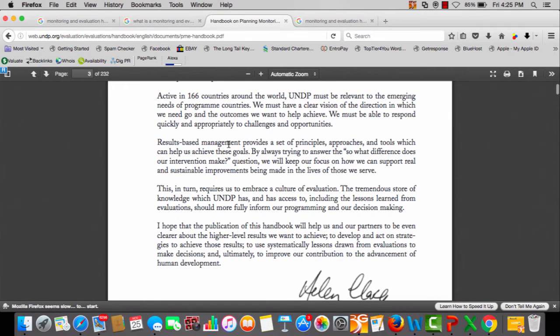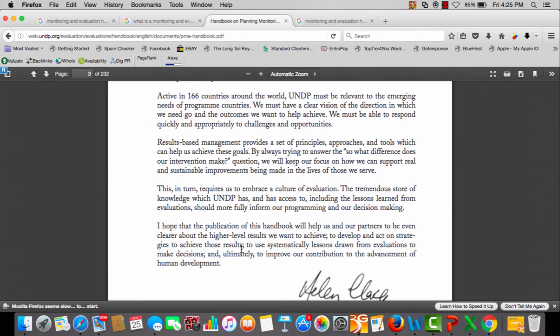We go to results-based management provides a set of principles, approaches, and tools which can help us achieve these goals. Okay, let's go further. This in turn requires us to embrace a culture of evaluation. I hope this publication of this handbook will help us and our partners to be even clearer about the higher level results we want to achieve, to develop and act on strategies to achieve these results.